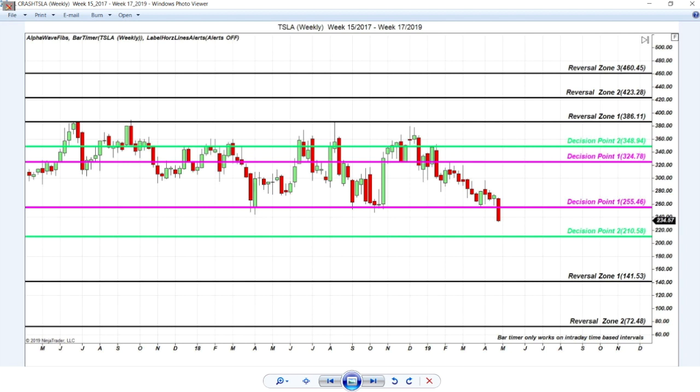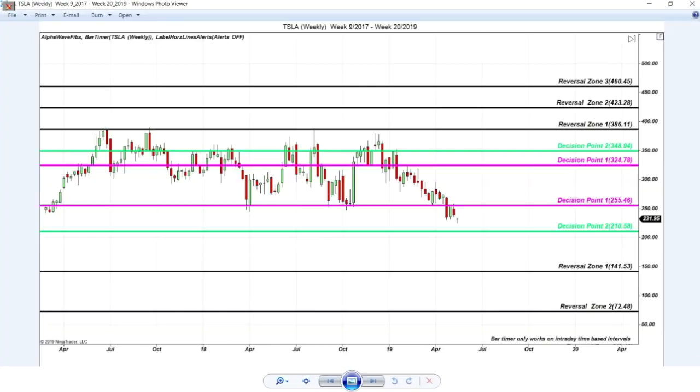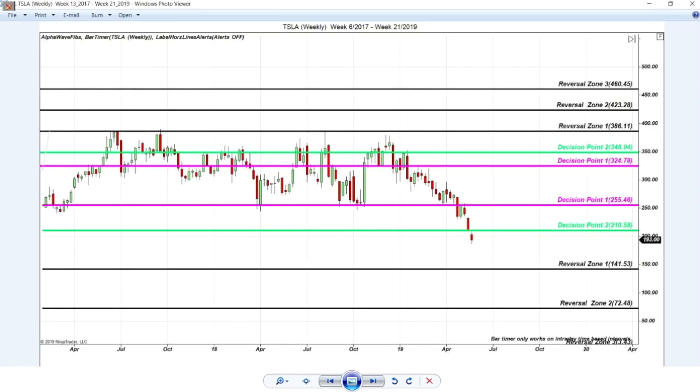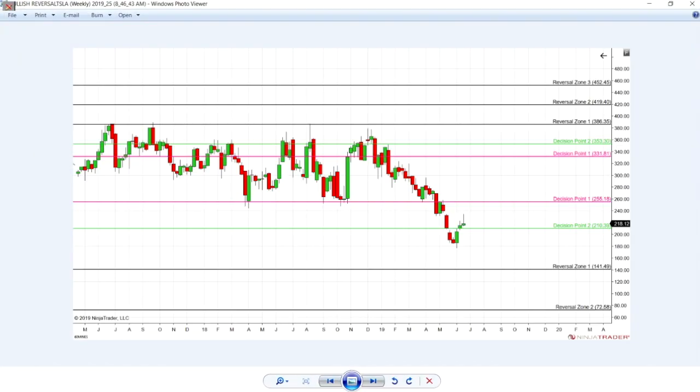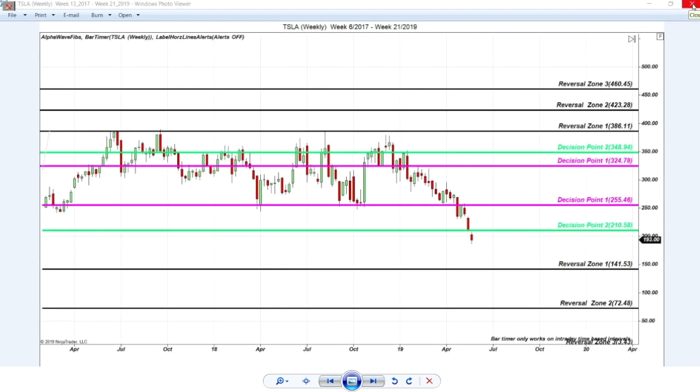Until where? Until ultimate trend inception, outside of decision point 2. Anyone surprised where Tesla is reversing from? Should not be. All in advance, never after the fact.